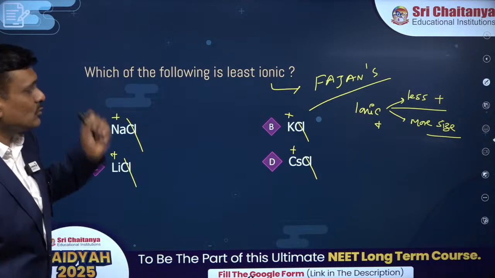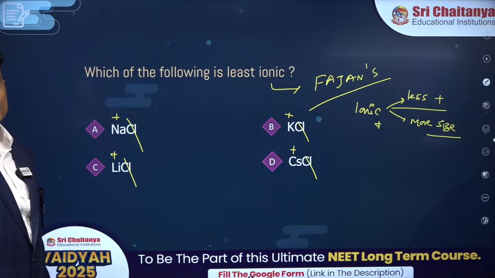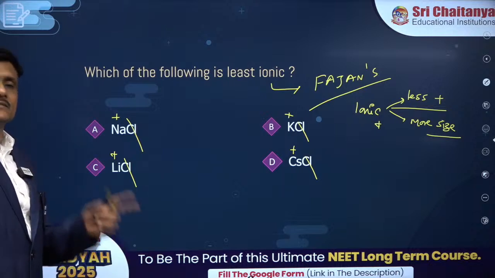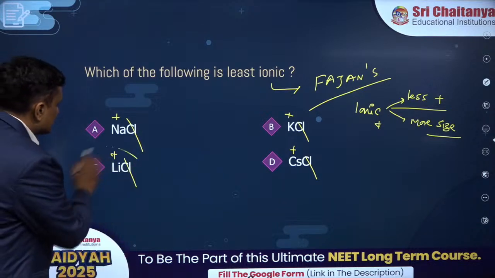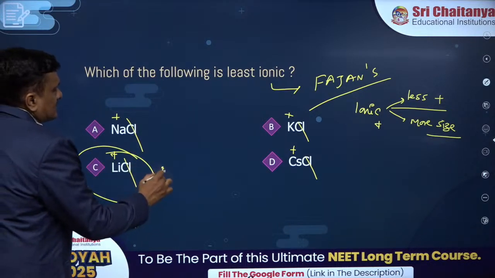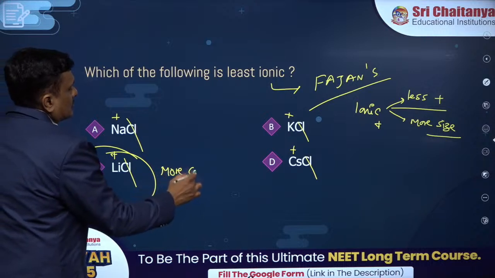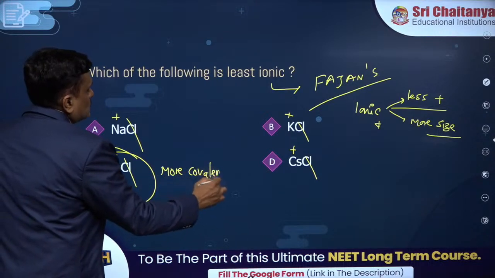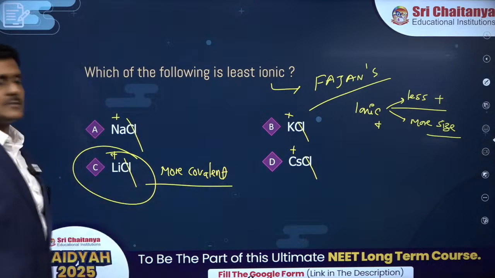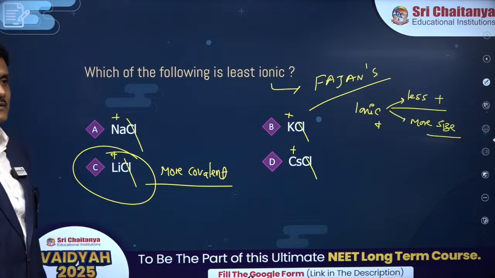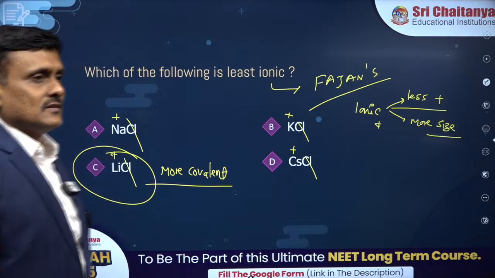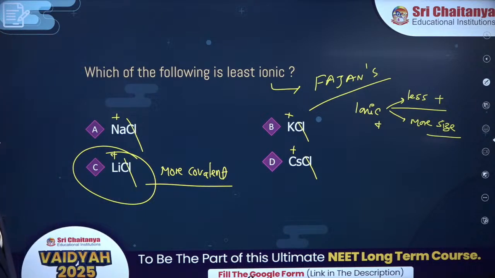More size is more ionic. Less size is more covalent. So lithium is least sized, so more covalent. That means least ionic. Brilliant, buddy. Big cation, small anion for covalent. Is it?